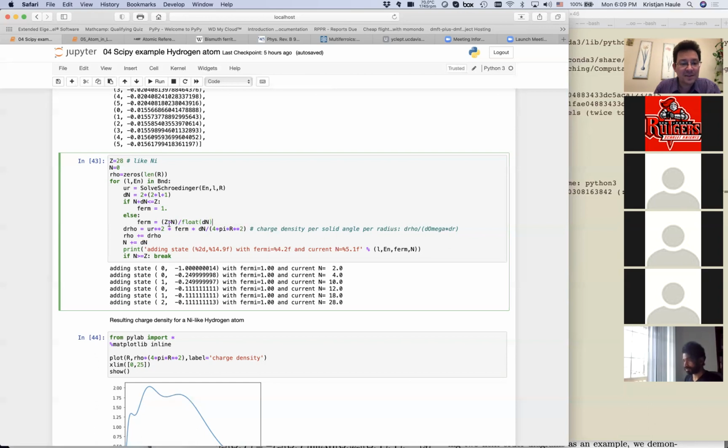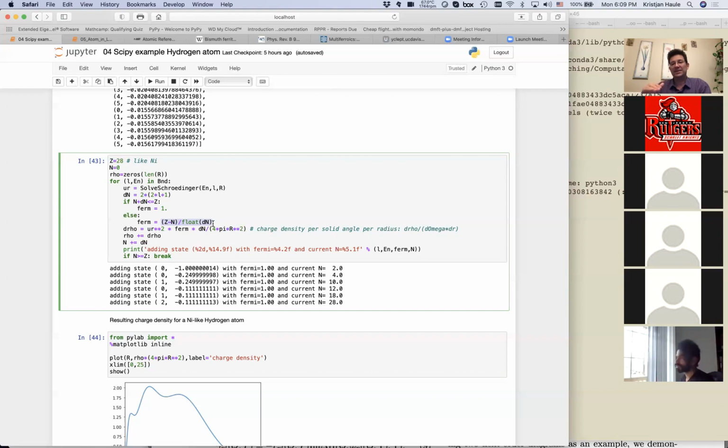And how much? Well, z minus n divided by dn. Okay, because z minus n is less than dn, okay, z is the charge of the entire atom, n is the charge that is already accumulated from previous orbitals.